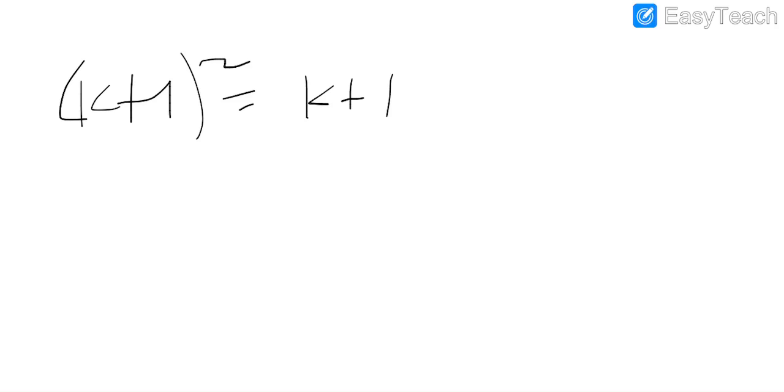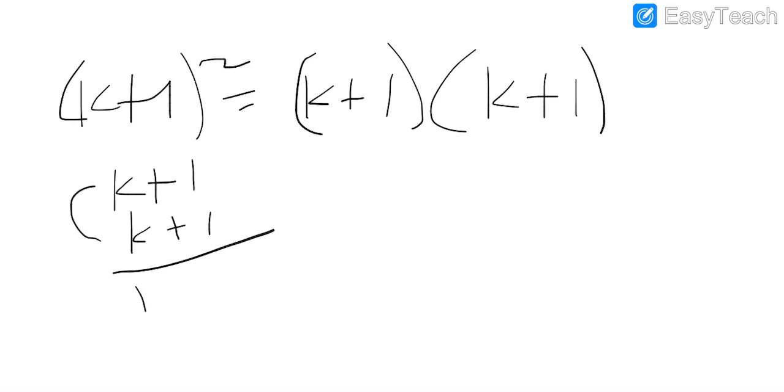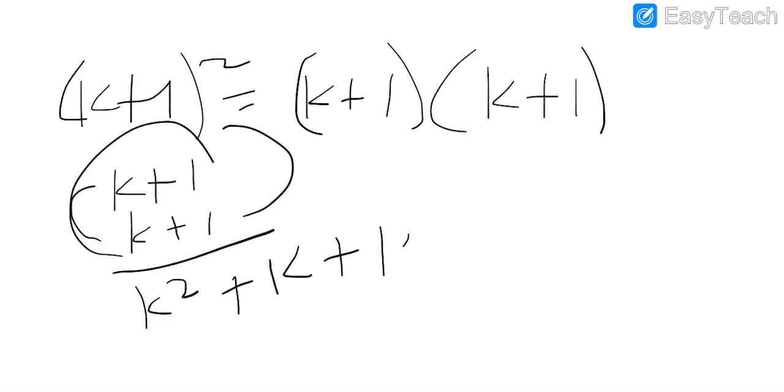So, let's simplify. k plus 1 squared is just equal to k plus 1 times k plus 1. Or you can also have it here: k plus 1 times k plus 1, k squared plus k plus 1.